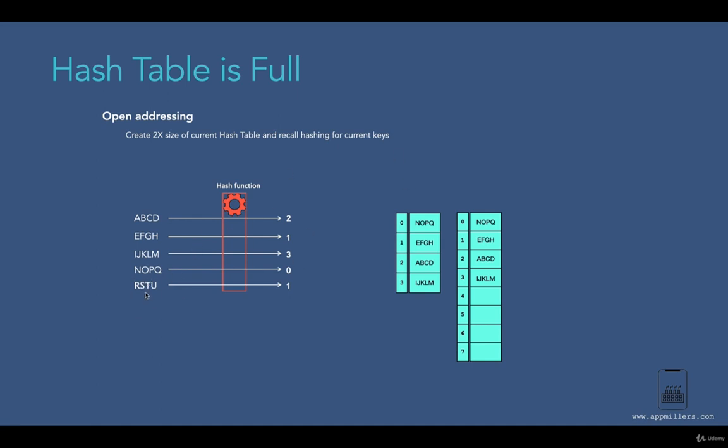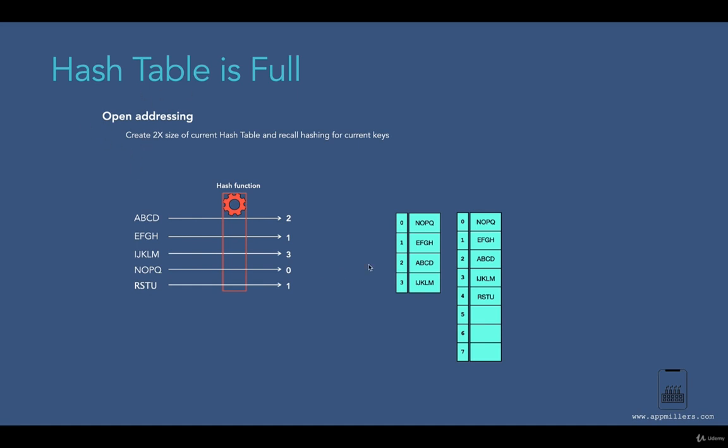At the end, we call it for RSTU, and it returns 1, and we insert it at the next empty cell, in the case of open addressing. Now we insert at the index of 4. If you don't understand how we insert RSTU at the index of 4, we are going to discuss it in our next lecture, so you will understand the logic behind the open addressing technique.